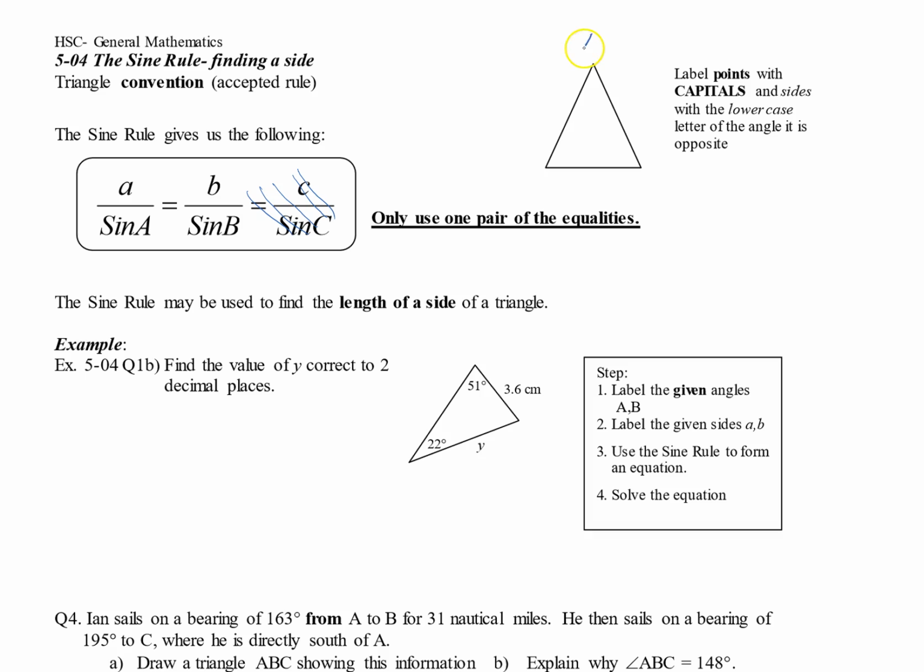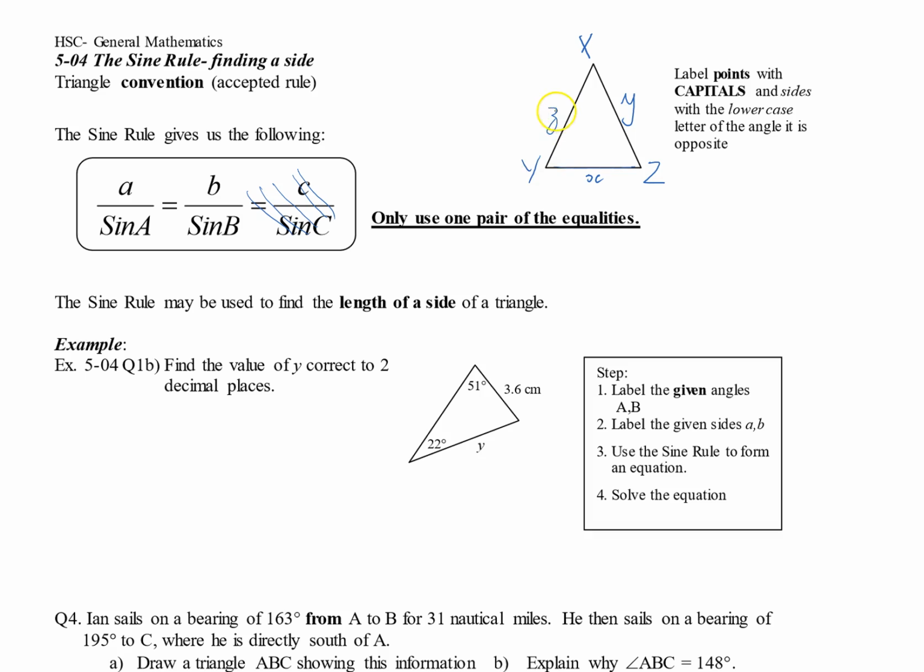So if I went X, Y and Z, then the side opposite angle X, that's this side here, should be labelled with the lowercase x. This becomes side x. Likewise, this side over here becomes side y, and this side here becomes lowercase z.